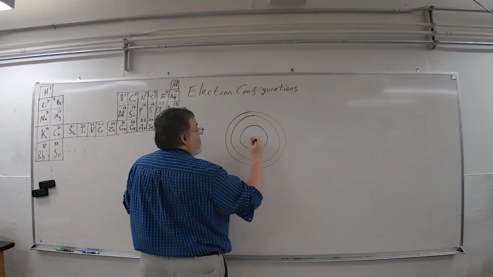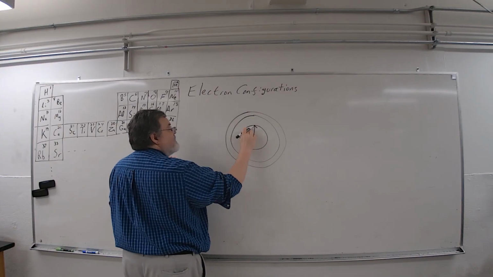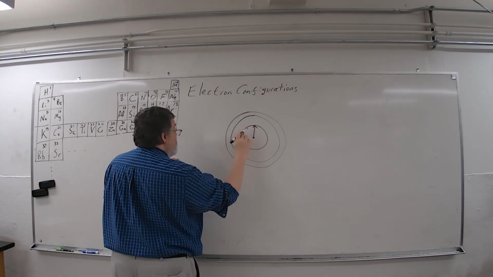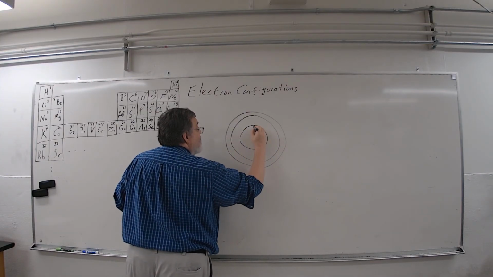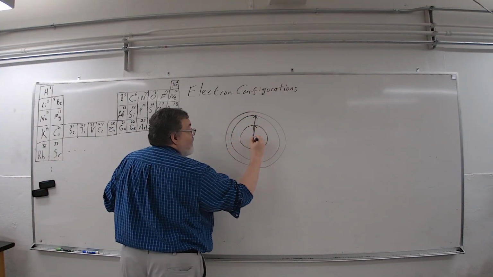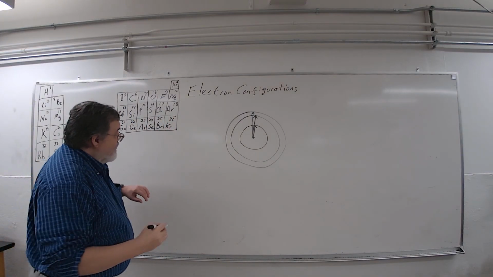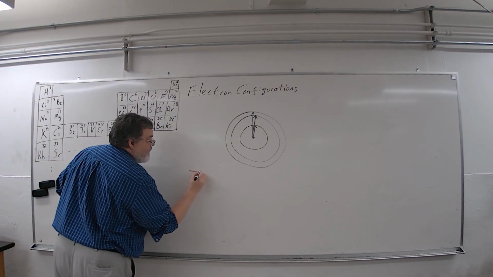I went the distance from the nucleus to where this first orbital is. And then I can also draw up here, that's the distance up to the next orbital, and another one, that's the distance up to the next orbital. And I drew it like this.